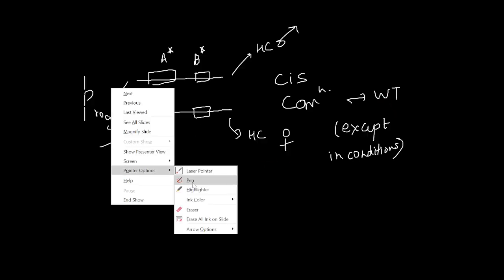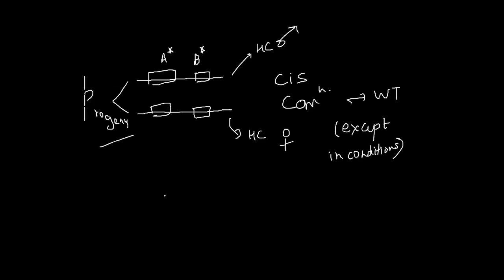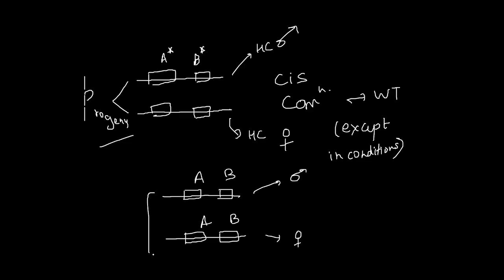Now coming to trans complementation. In trans complementation, mutations are present on the different homologous chromosomes. So let's say there are two genes that are controlling one trait. Let's say this is A, this is B, this is again A, this is B. This is from, let's say, the father, this is from the mother, and this is the progeny.